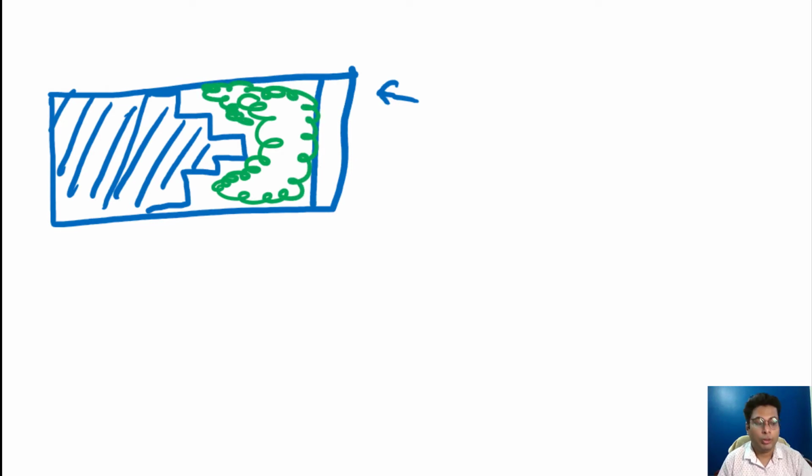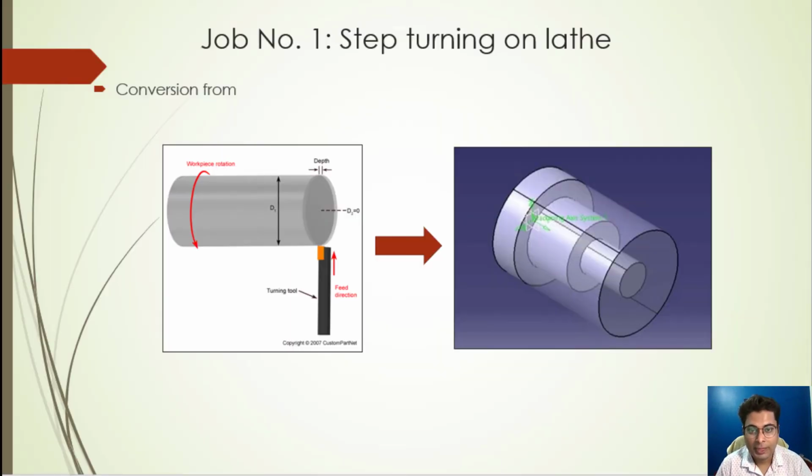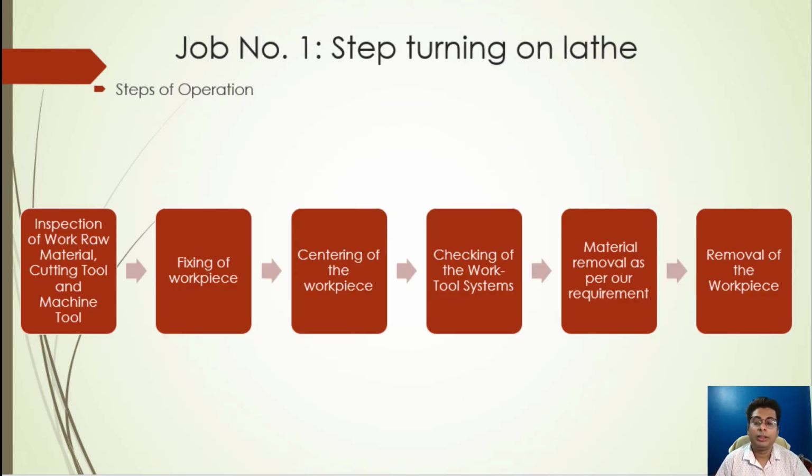In order to perform this operation, the steps involved are initially to inspect the workpiece, the raw material, the cutting tool and the machine tool. Then we fix the shaft onto the chuck, the workpiece holder on the headstock.